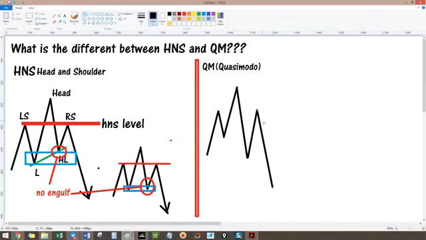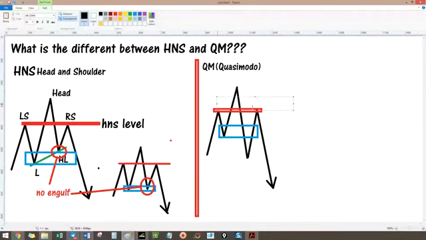And you have something like this. Right. Over here, you got demand here, drop base rally. Over here is LS.